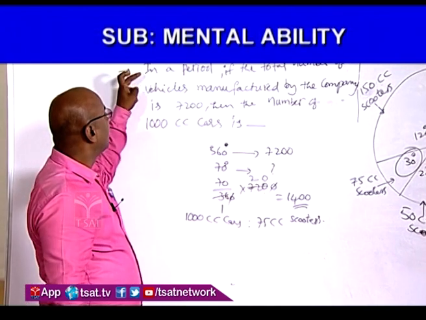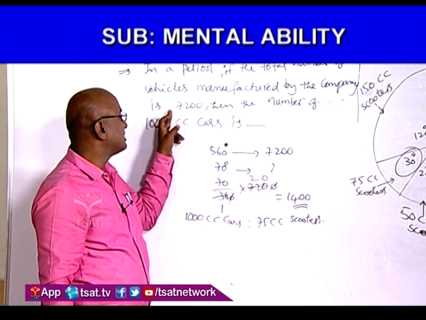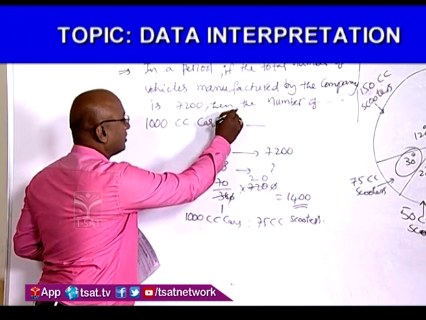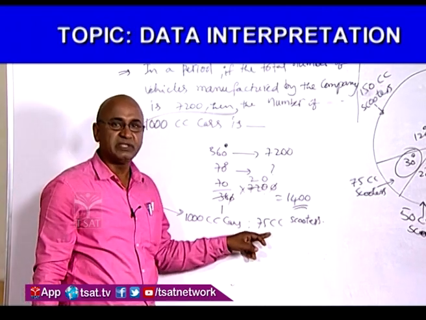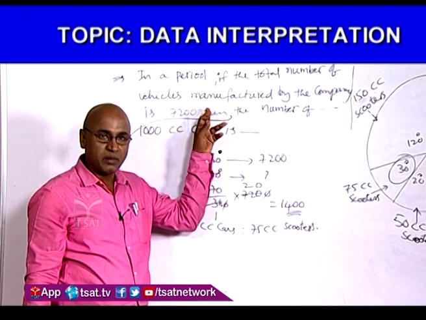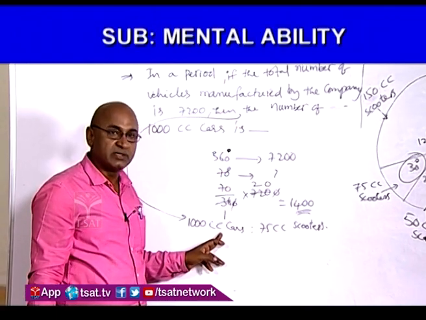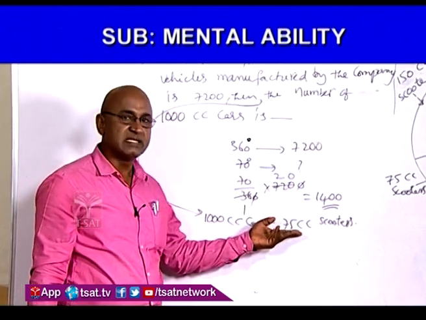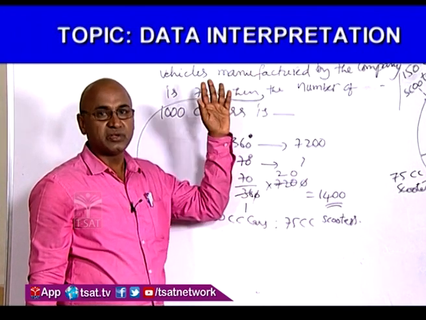In a period, if the total number of vehicles manufactured by the company is 7200, then what is the ratio of 1000cc cars to 75cc scooters? If the problem is given like this, there is no need to find out the production of 1000cc cars as well as the 75cc scooters. It is unnecessary data. So we should not get confused.